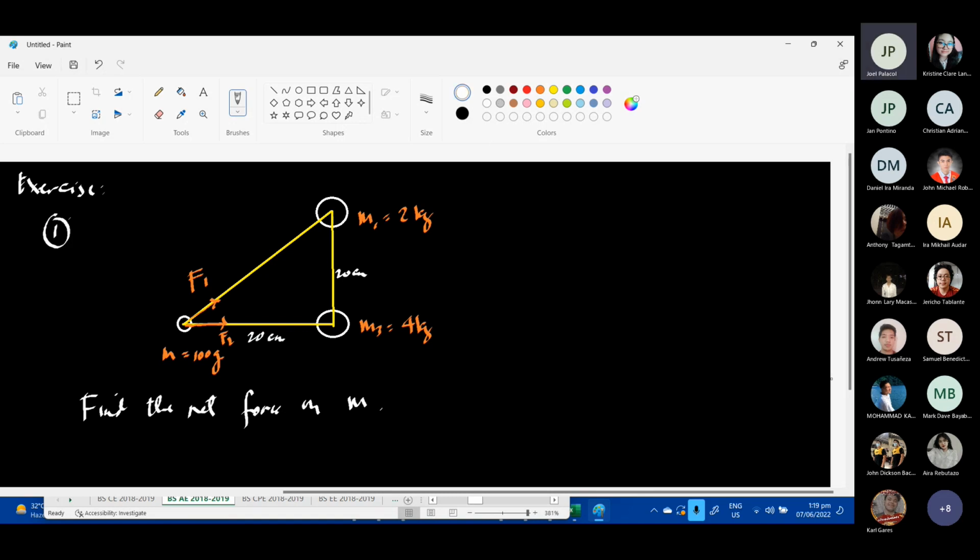Problem 2. Again, 2 masses. Call them as M1 and M2.